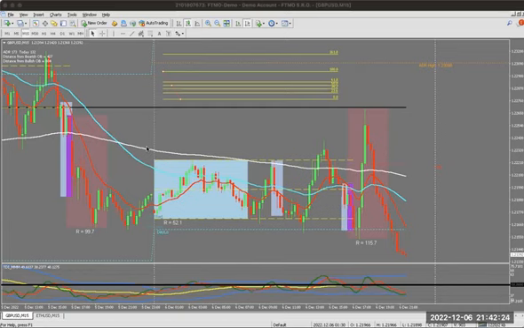This other one, we don't need that one, we're going to delete it. Then 0.5, which is the 50 level, which is the equilibrium. Then we've got 61.8, which is the sweet spot where we usually like to sell. Then we've got the 100.